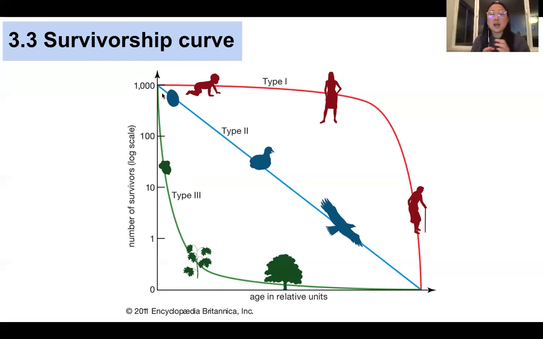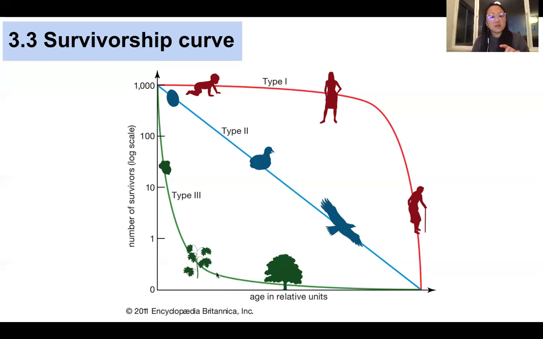Let's say it's the acorn of a tree. If 1,000 acorns drop onto the ground, only a few of them will grow little shoots out of the ground, and the likelihood of them becoming trees is very low. So you can see how few survivors there really are.